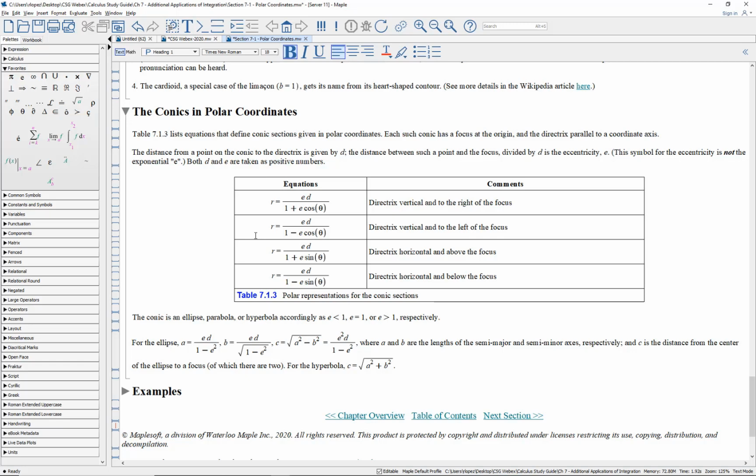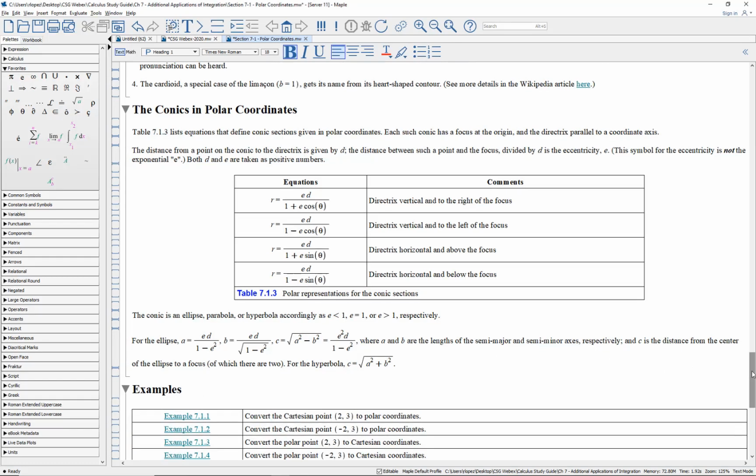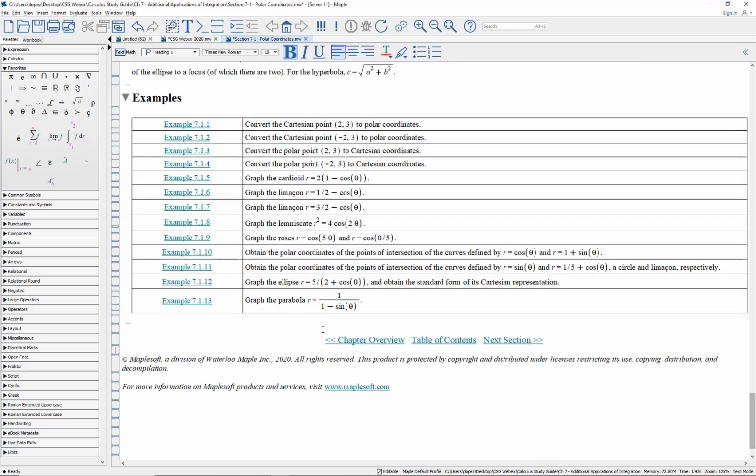And if the student has never seen that, here's a quick synopsis of what those formulas look like. And then, as expected, the section concludes with a list of examples, one of which was the one we saw earlier, this limaçon problem. So there's a selection of problems, exercises, examples that can be perused.